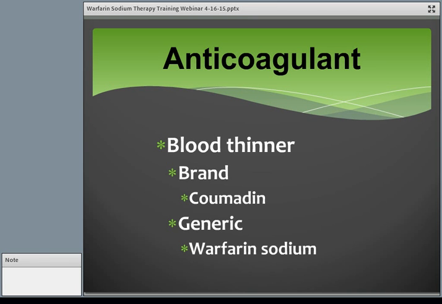Each individual who has warfarin sodium ordered must have a specific diagnosis for its use. The key is to keep the blood flowing smoothly so bad blood clots will not form, but the body is still able to form a good blood clot if needed. This is a careful balance which requires constant monitoring by blood tests.